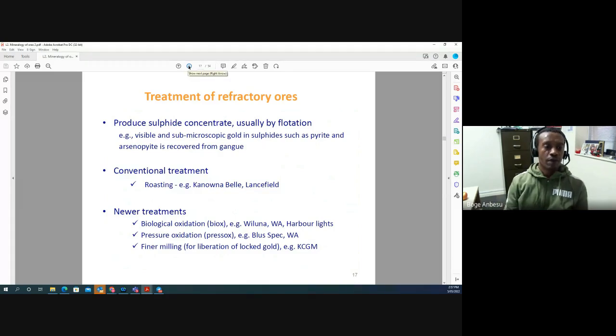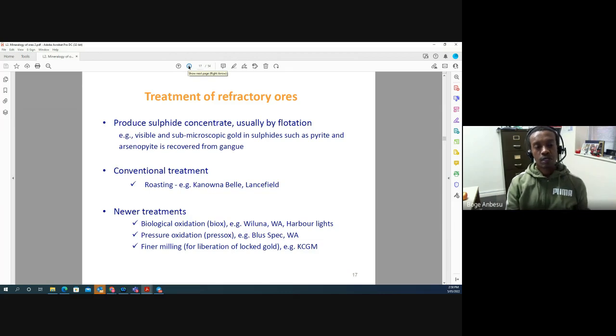Okay, so if I have refractory gold ore, what are the things that I will do? The first thing you should be looking at is to concentrate the sulfides. And typically for that, we use flotation. That typically will give you maybe 5% of the stream that's coming to the mill, so the 90-something% will be completely rejected before you even look at cyanide.